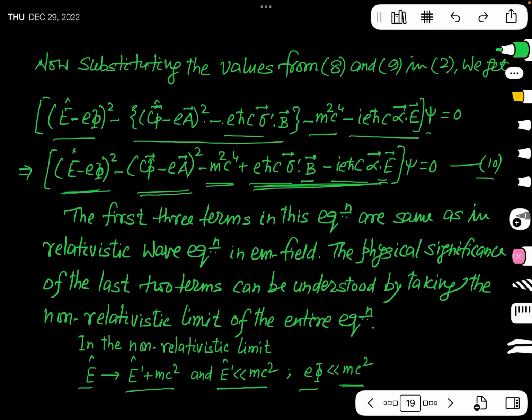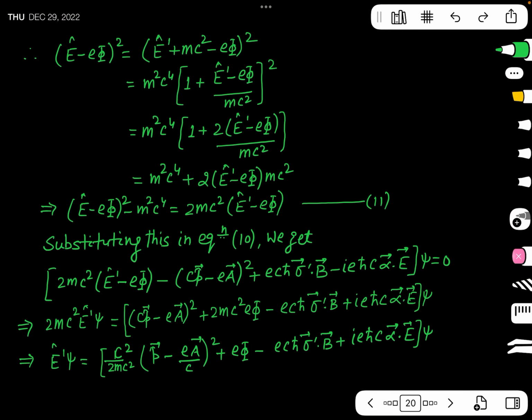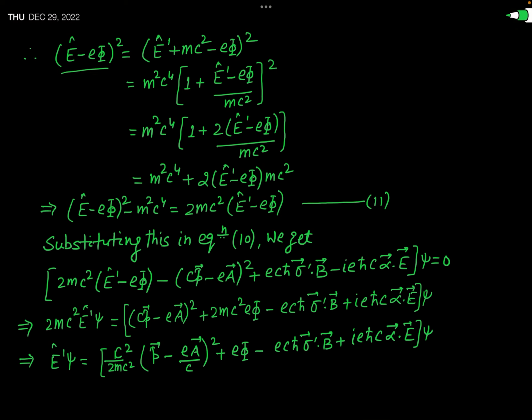So let us write this equation in this condition. For this, first of all, we will simplify this term, E minus E phi whole square. As you know, in the non-relativistic limit, E should be replaced by E dashed plus mc square. So this can be written as E dashed plus mc square minus E phi whole square.